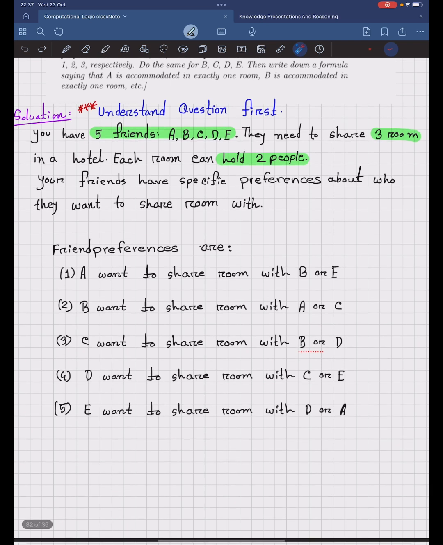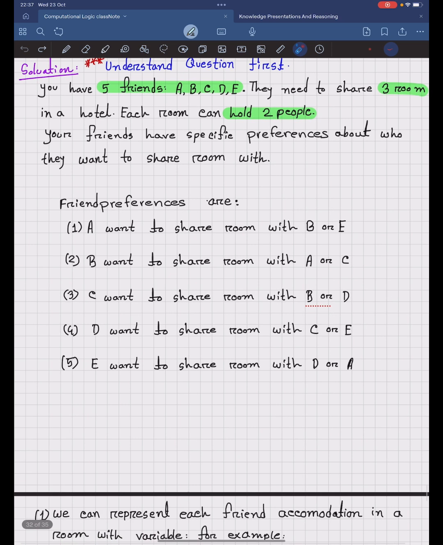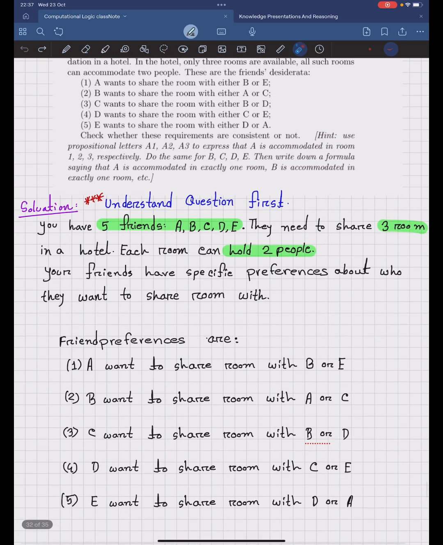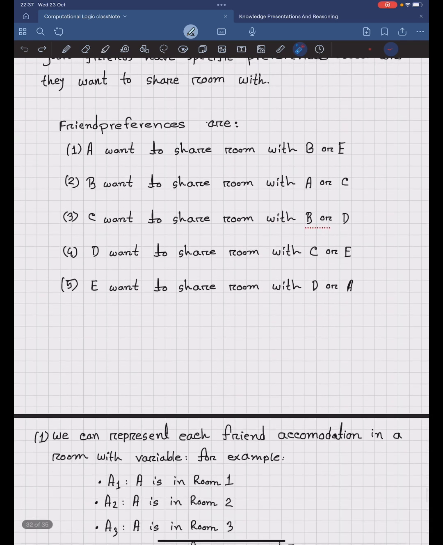So you have to choose which one he wants to share his room with. The same applies to the preferences of the other persons. Each person has a preference for which person he wants to share a room with. Okay, so we can understand the question, I think.